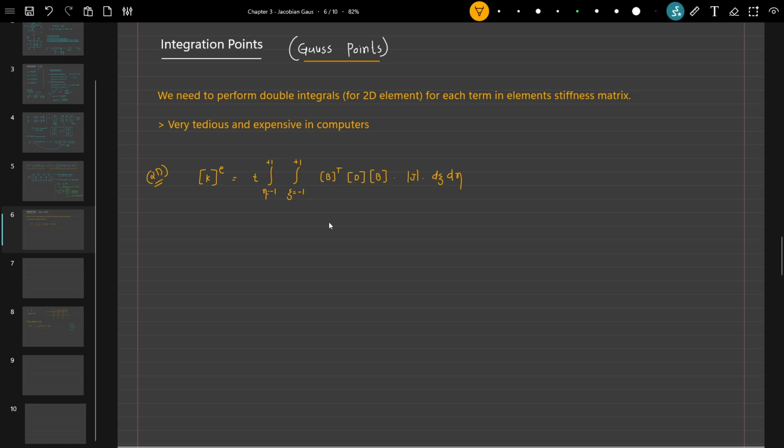Now, what happens when we talk about computers and programming? In computers or any programming language, we can do integration or summation. We can do both, but let's talk about a simple domain.